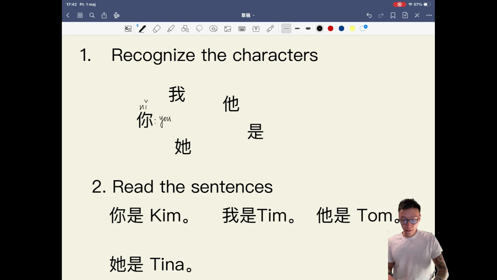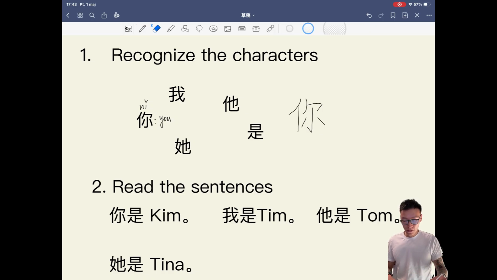So let's write the left side first of ni. 1, 2, 3, 4, 5, 6, 7. Okay? If you want to practice more, you can pause the video.